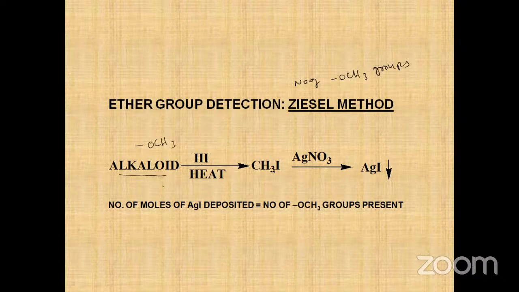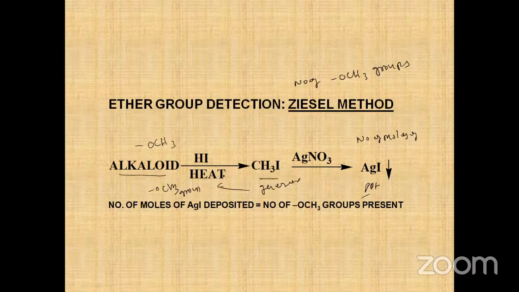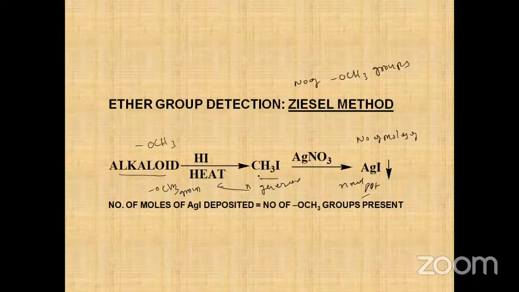This methyl iodide is quantitatively estimated by using AgNO3, which leads to formation of silver iodide precipitate. The number of moles of AgI precipitated is equal to the number of methyl iodide generated, which equals the number of methoxy groups present. Suppose n moles of AgI precipitate; therefore n methyl iodide were generated, equal to n OCH3 groups in the molecule.